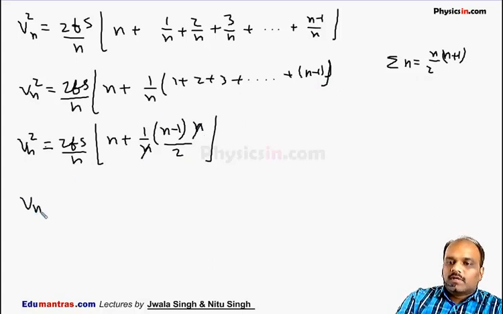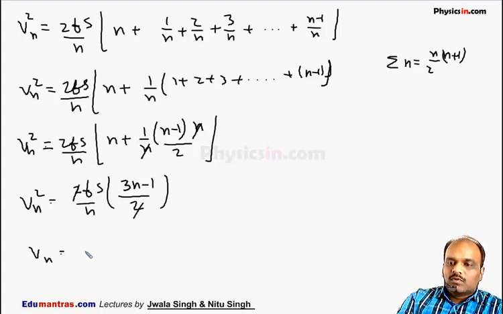We get vn square equal to 2fs by n into 3n minus 1 divided by 2. So this 2 will vanish. We get vn equal to root over fs by n into 3n minus 1. This is the answer.